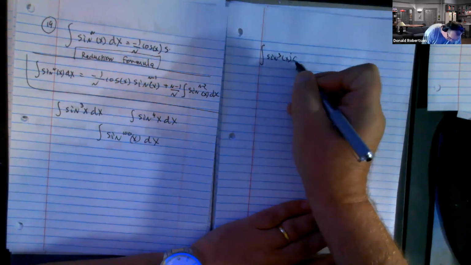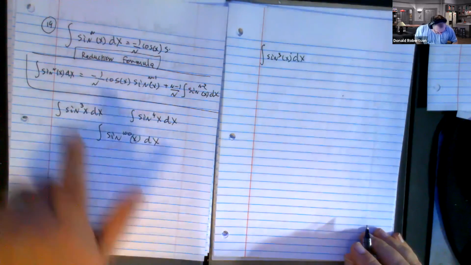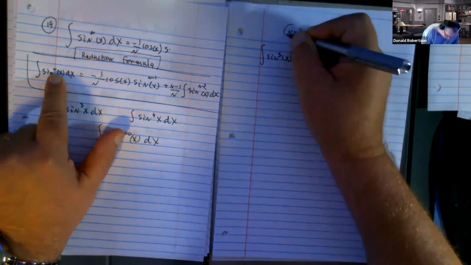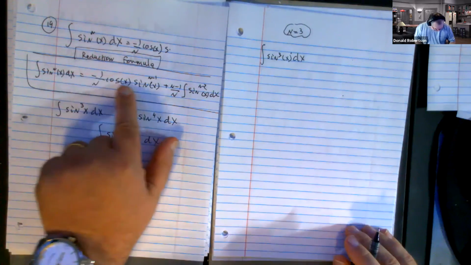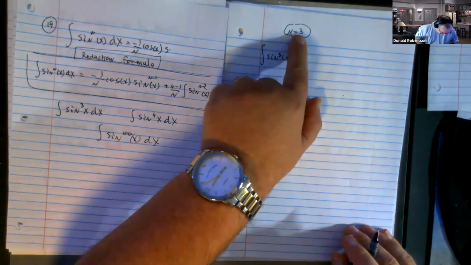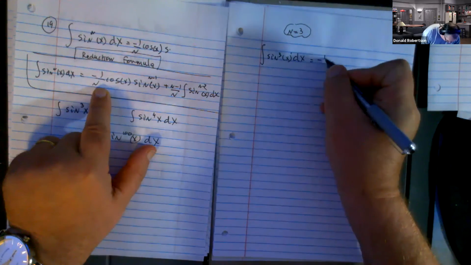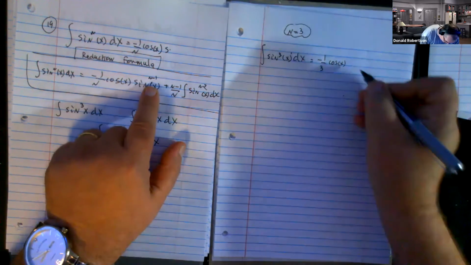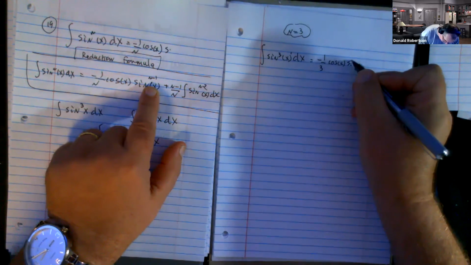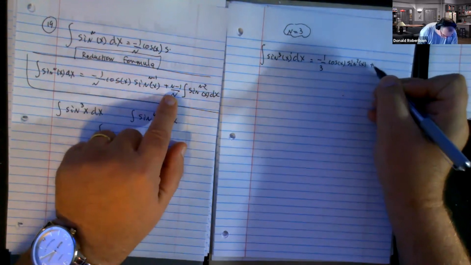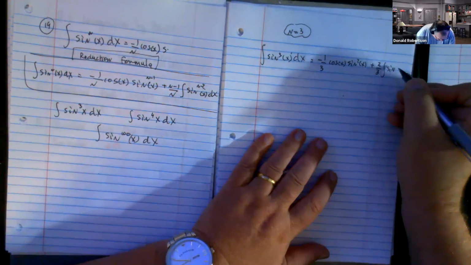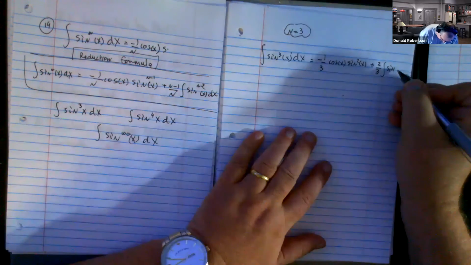I want to find what the integral of sine cubed is. So I recognize that in this case, n is equal to 3, right? Because it's sine cubed. So every time you see an n here, replace it by 3. So it's -1/3, the cosine of x, sine n minus 1 becomes 3 take away 1, so that's sine squared, plus n minus 1 is 2 over n, which is 3, the integral of the sine. 3 take away 2 is 1, so it's just sine x dx.